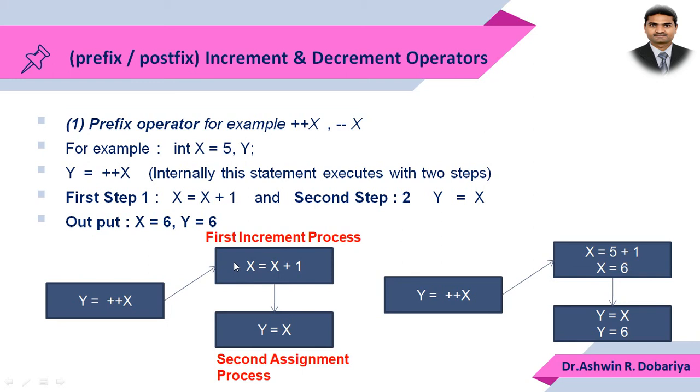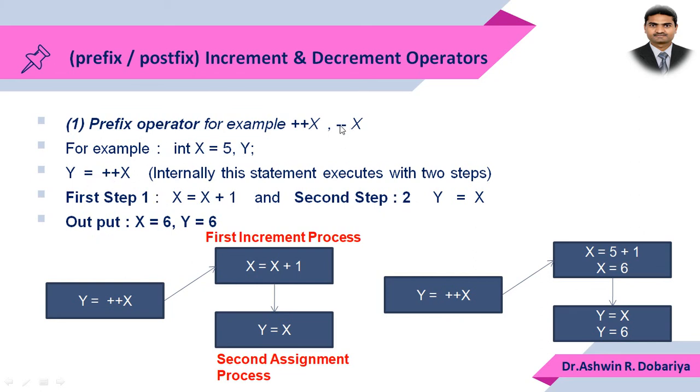In diagrammatic form, y = ++x is one statement, but internally it is two statements. First is increment by 1, and then whatever updated value of x is assigned to y. First x is incremented by 1, so 5 plus 1, x becomes 6. After that x is assigned to y, so y becomes 6. So this is the concept of prefix: first increment then assignment.